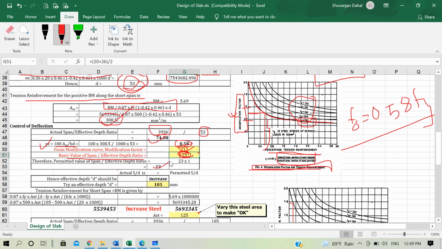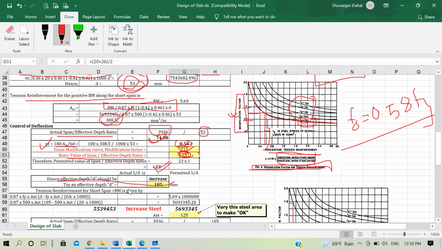Now let's see here, we got our actual span to effective depth ratio as 74, but our permitted value is only 23. That is, our actual ratio is greater than the permitted ratio. In that case, our deflection control criterion is not fulfilled, and hence we have to increase the effective depth of our slab. Hence the effective depth of the slab should be increased.